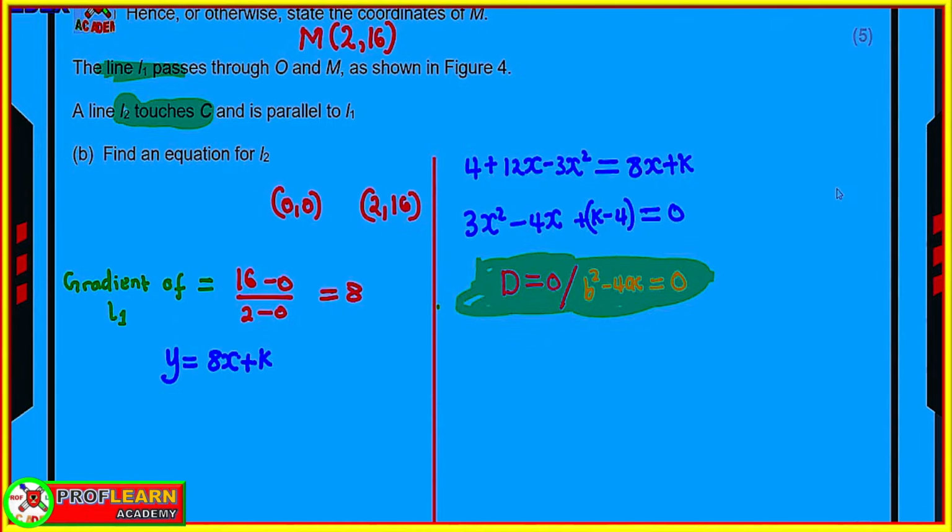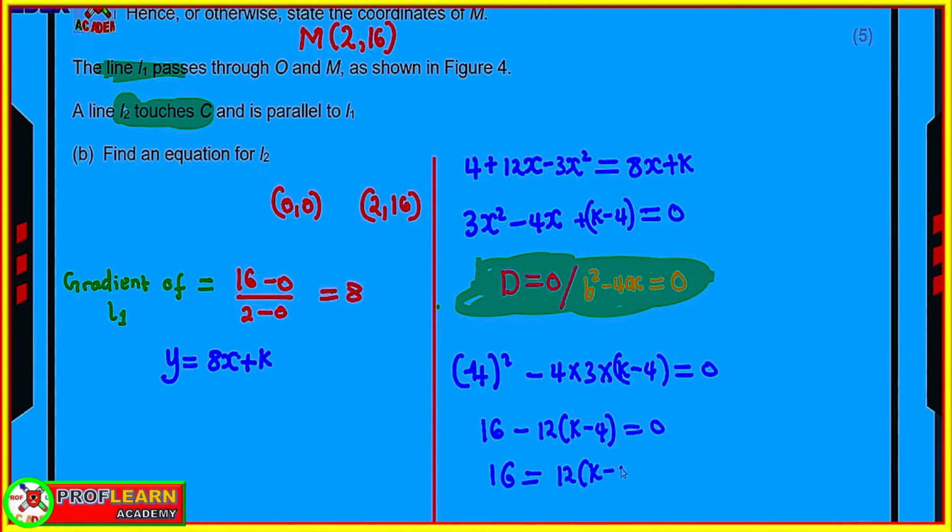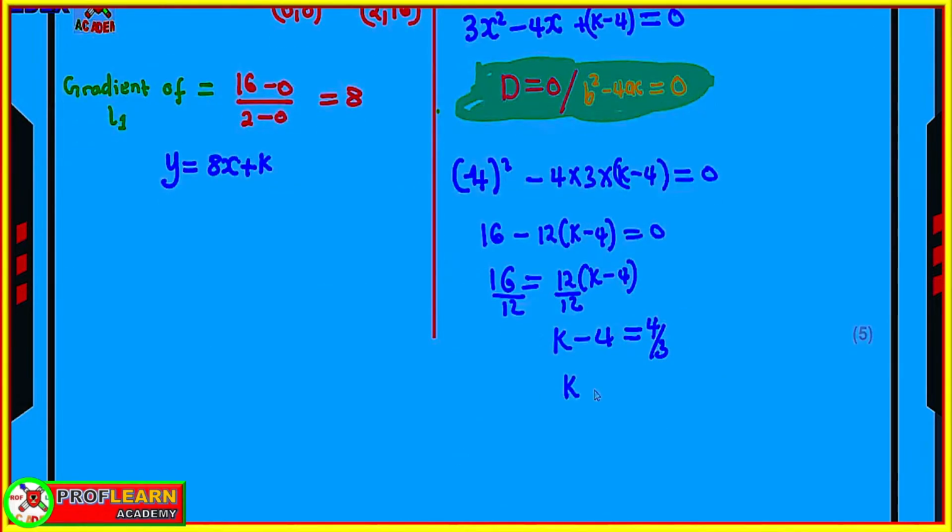So let us now proceed so that we can work out the discriminant. And working out the discriminant, you can see if we put the like terms together and simplify this, our k is going to translate to 4 over 3 plus 4, which definitely becomes 16 over 3 as our final answer.